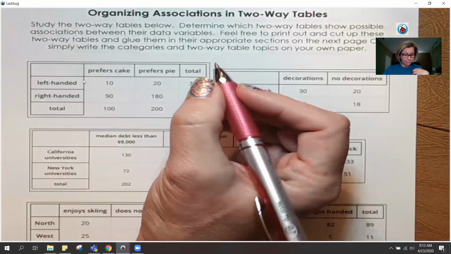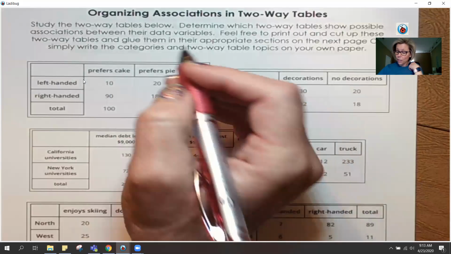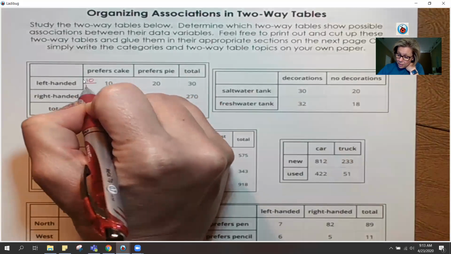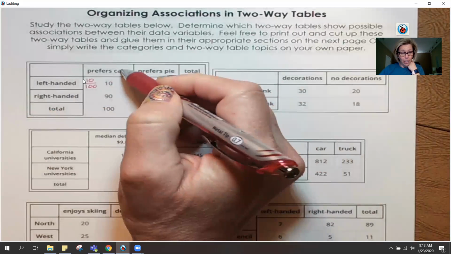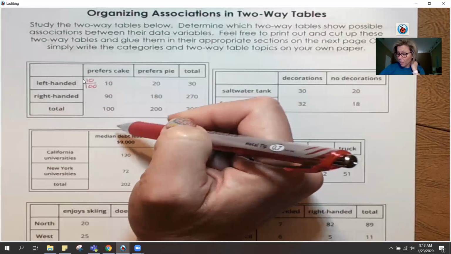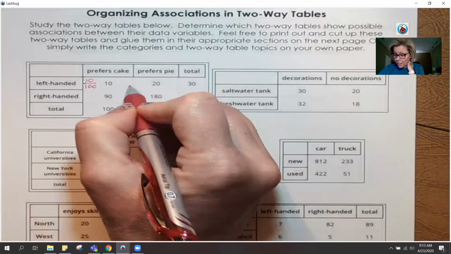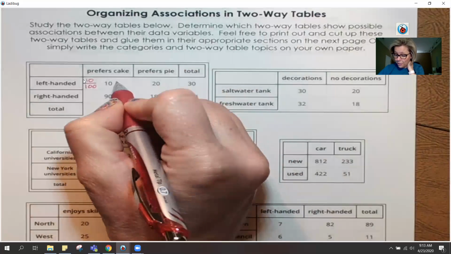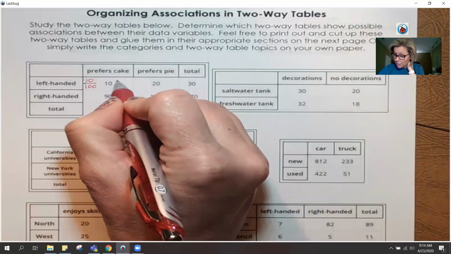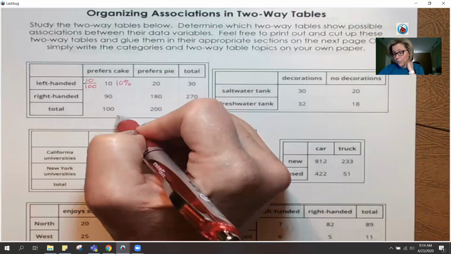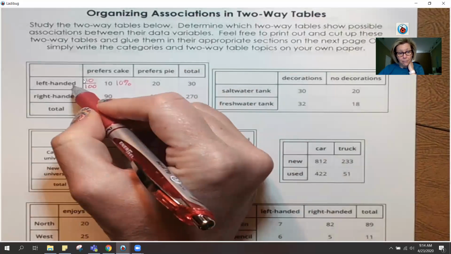Now, I will tell you this. If I figure out a percent, I'm going to look at the fact that we're preferring cake here. Left-handed people, 10 out of 100, means basically 10% of people who prefer cake are left-handed.